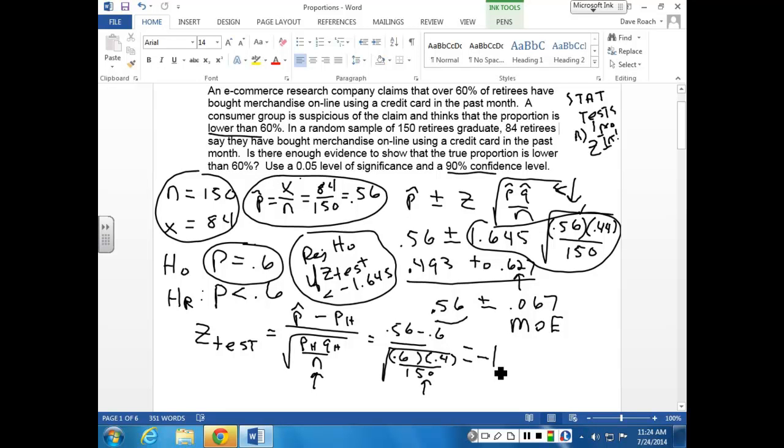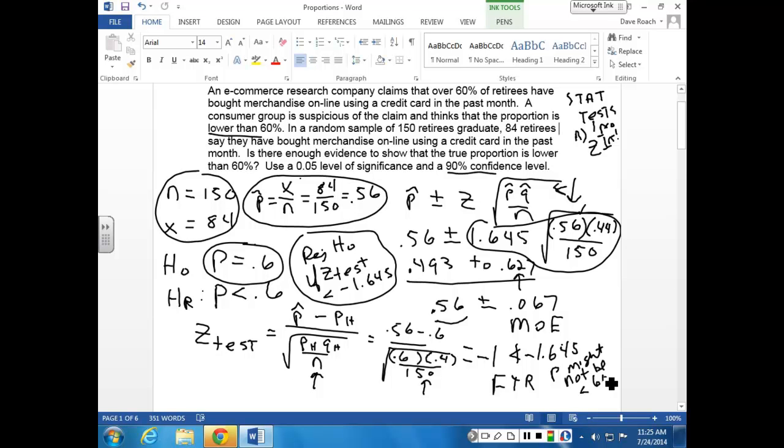And minus 1 is not less than minus 1.645. Therefore, we will fail to reject H0, conclude that the population proportion might not be less than 60.